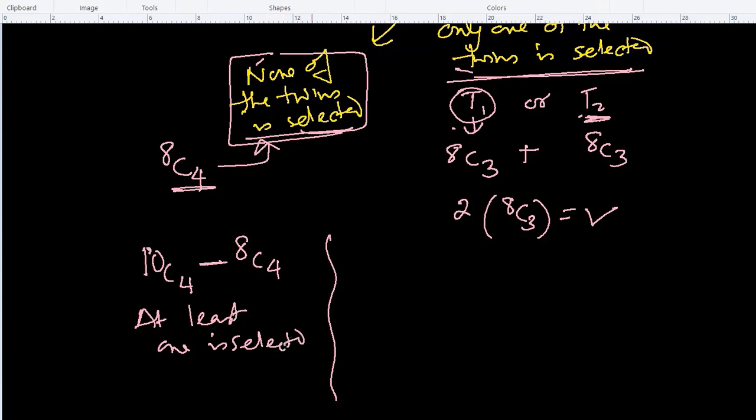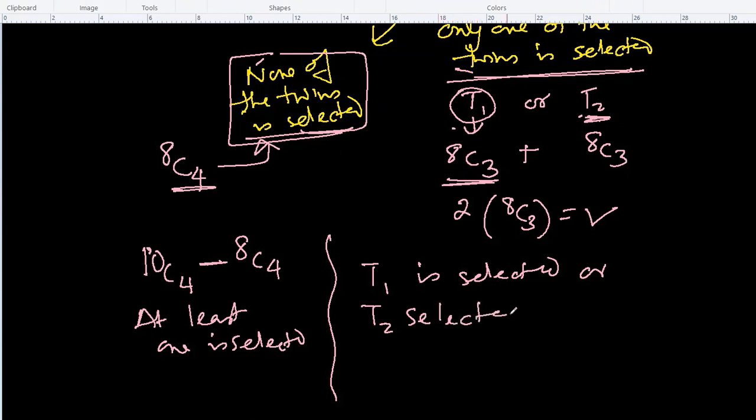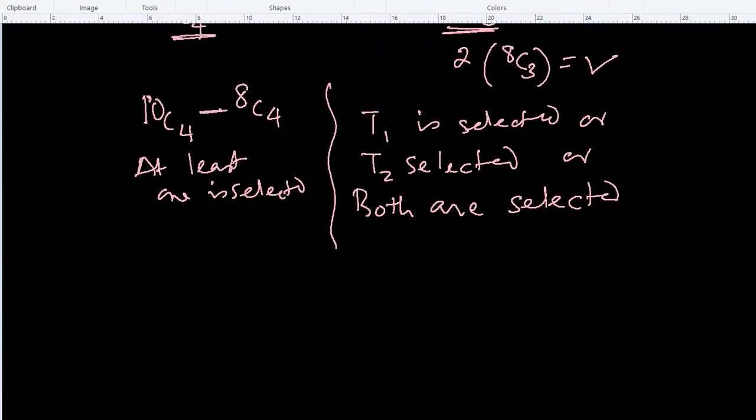Alright. What is the second way? Second way is this. T1 is selected, which is 8C3, or T2 is selected, which is 8C3 again, or both are selected, because there's at least this side, right? Both are selected, so both are there in the team.